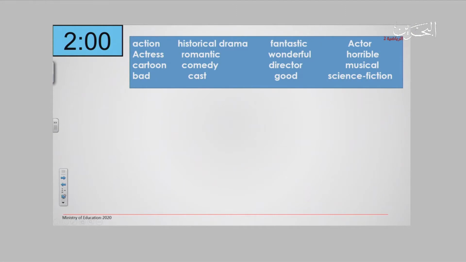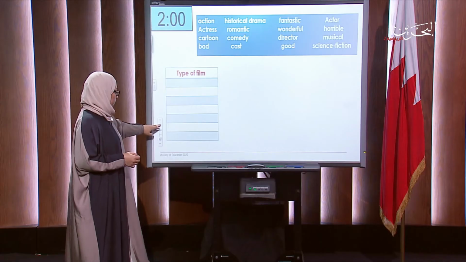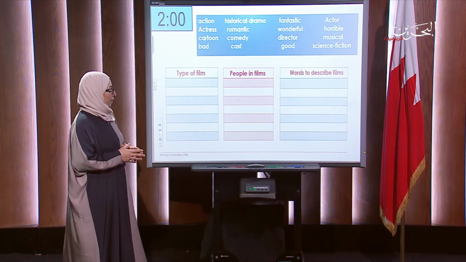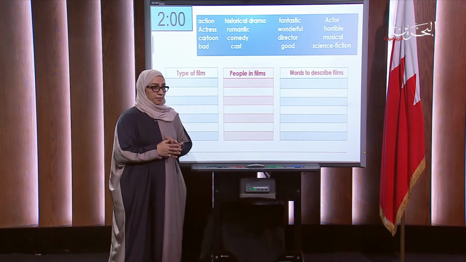Here you have words related to films. We want to classify them into 3 groups. The groups are type of film, people in films, and words to describe films.